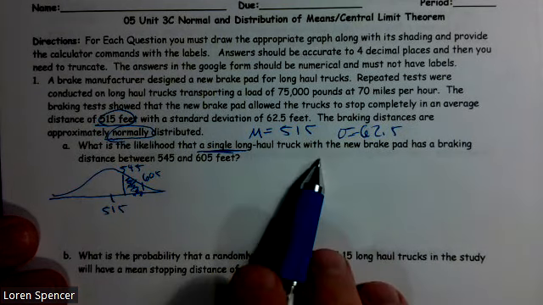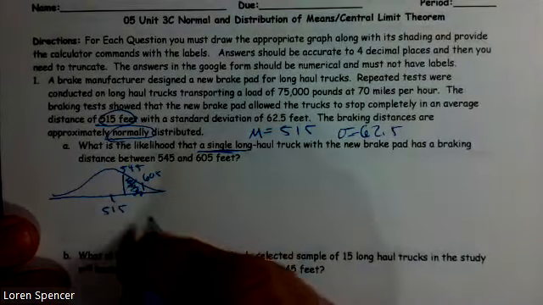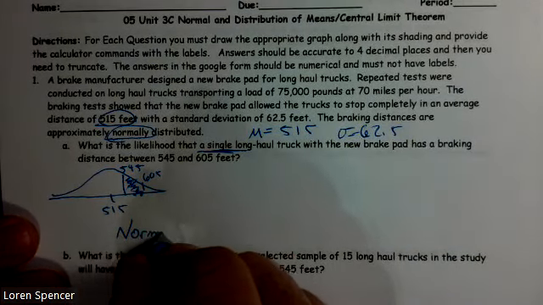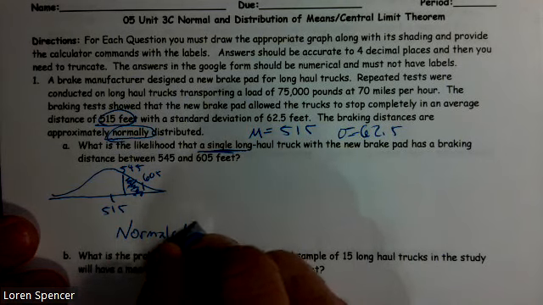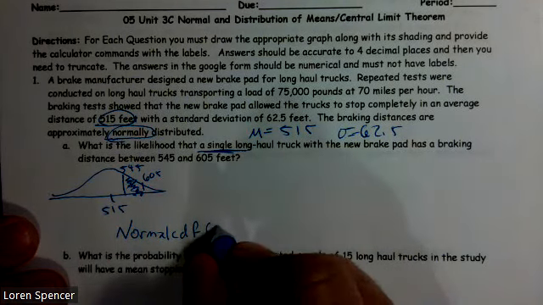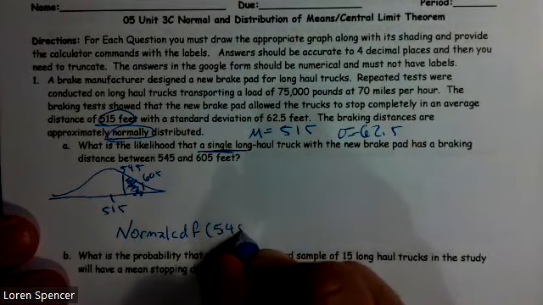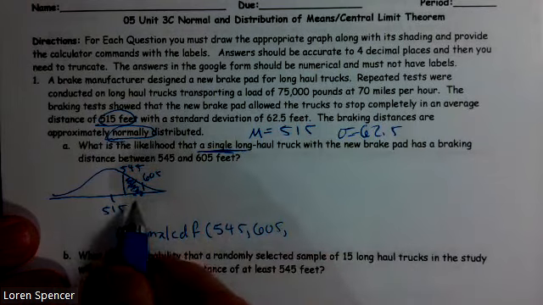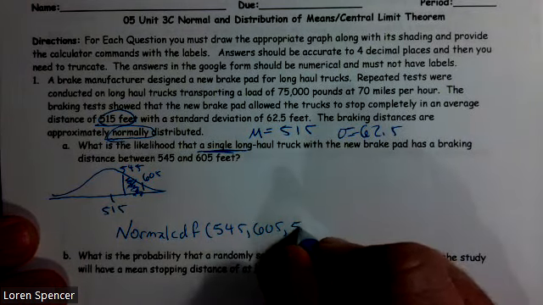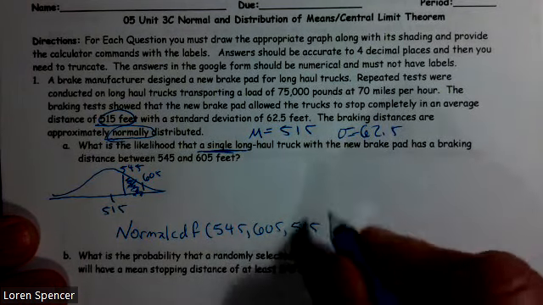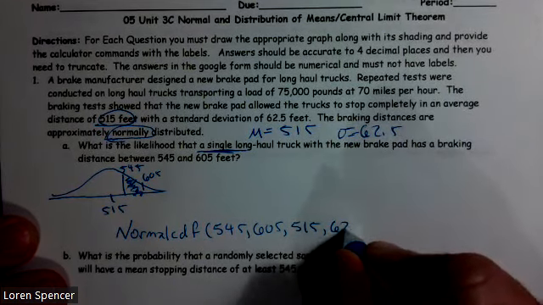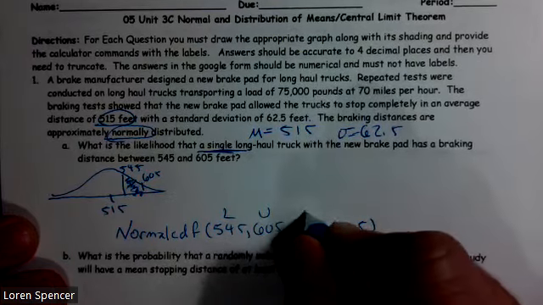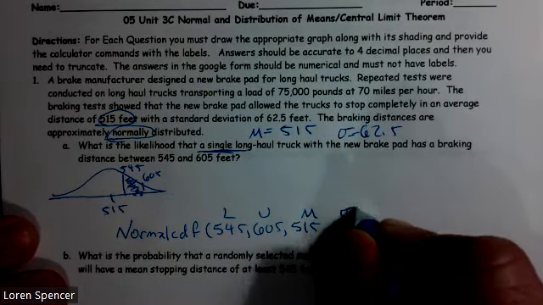This is going to be a normal CDF. Our lower bound is 545, our upper bound is 605, our mean is 515, and our standard deviation is 62.5. So: lower, upper, mean, standard deviation.